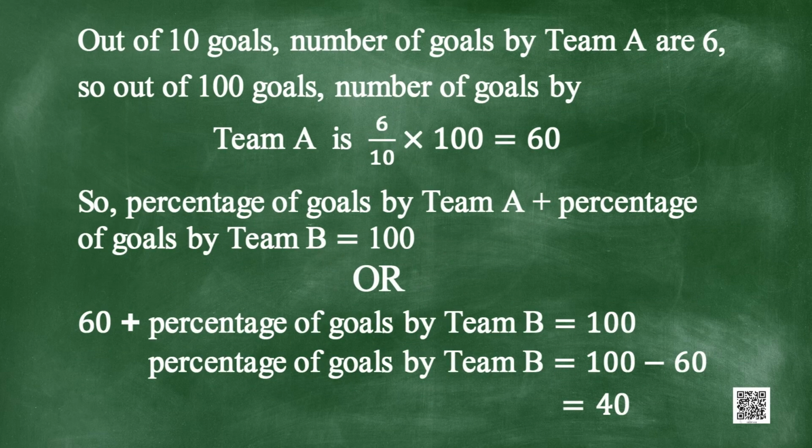So percentage of goals by team A plus percentage of goals by team B is equal to 100. We have found that percentage of goals by team A is 60, so percentage of goals by team B is equal to 100 minus 60, which is equal to 40.